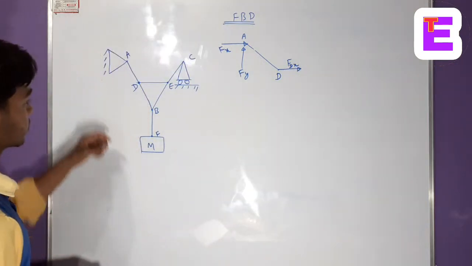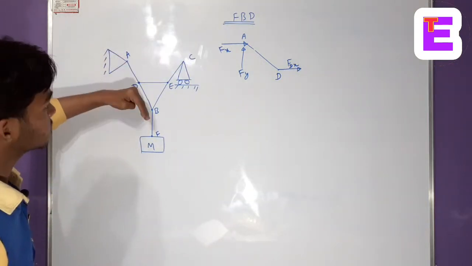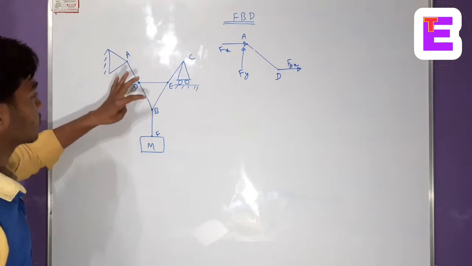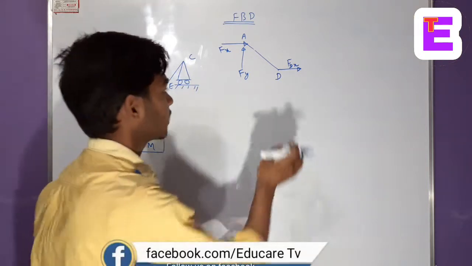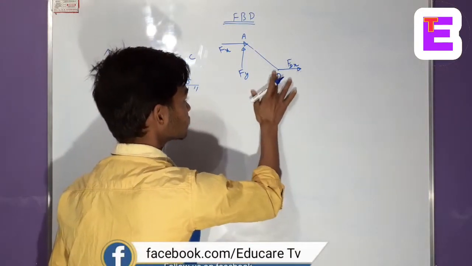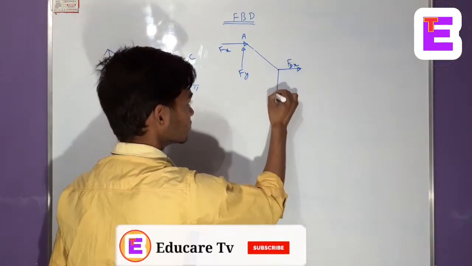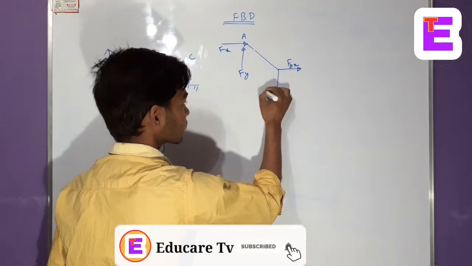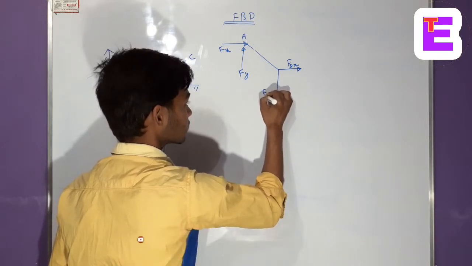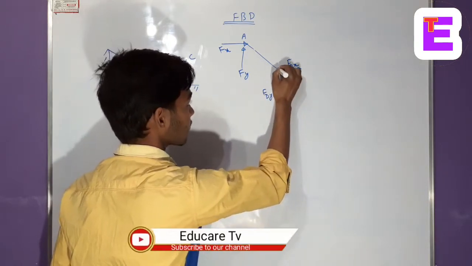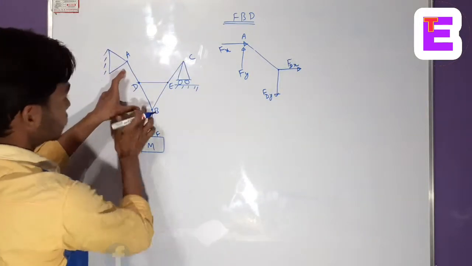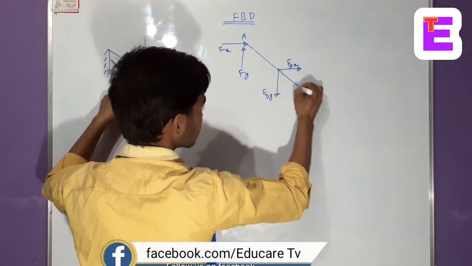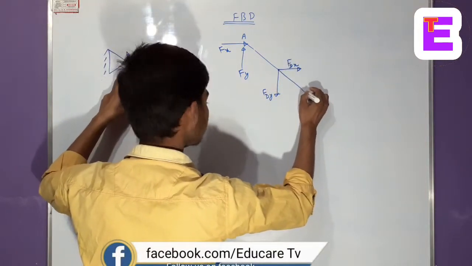And it also experiences some force in this direction. So I resolve that, in the x direction I say F Dx, and in the y direction, say F Dy. Okay, at this point. So we can continue D to B, because it is basically the same beam.